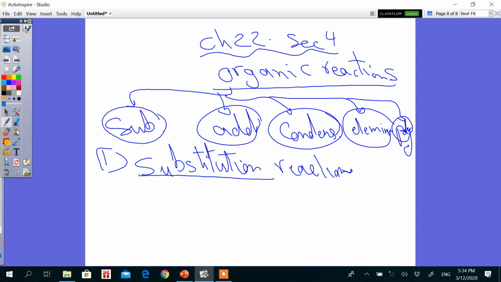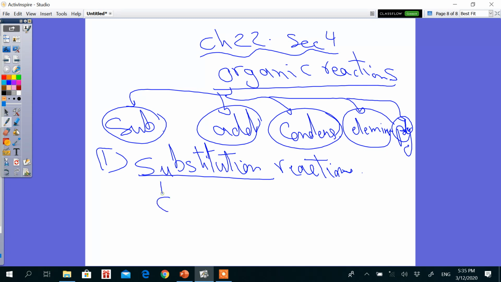What are substitutions in organic chemistry? Substitution reaction is one in which one or more atoms replace another atom or group of atoms. That is the substitution reaction.